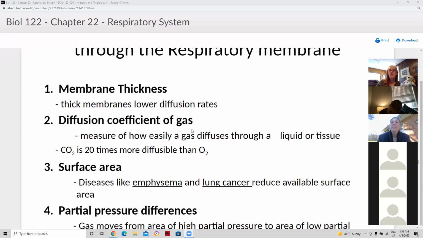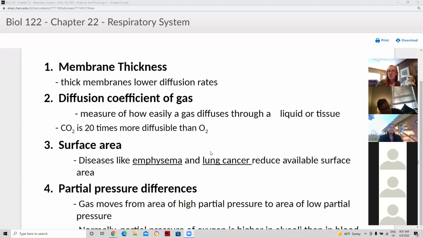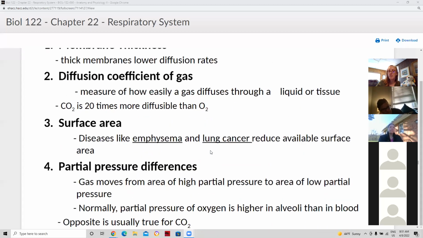The diffusion coefficient: how easily does a gas move through a liquid or a tissue? If it diffuses easier, it's going to exchange a lot easier. Carbon dioxide is 20 times more diffusible than oxygen is. Surface area.